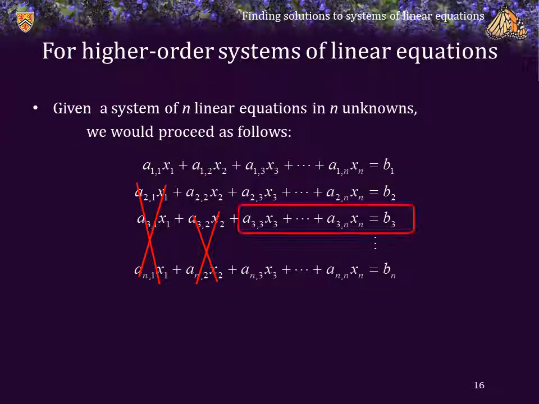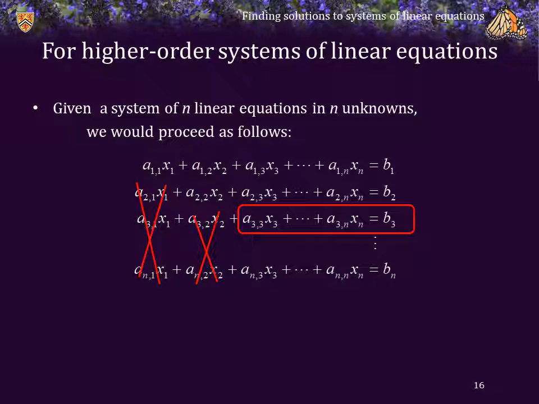So instead, we would carry on with equation 3, or more correctly, what's left of it after we have eliminated the first two terms. We would then proceed to continue to do this for all subsequent equations until we are left with the last equation.